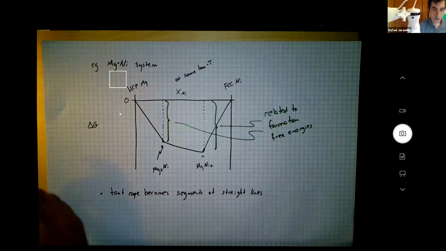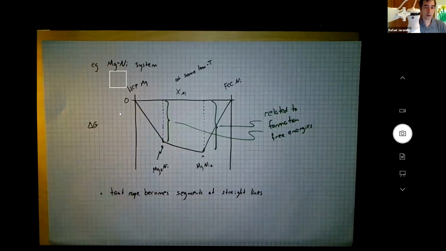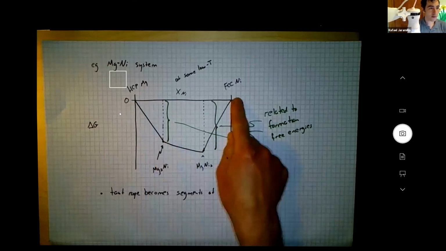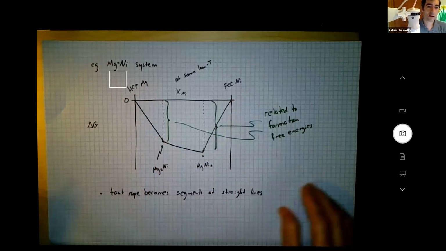So instead of being like a taut rope, this is now like a string held up between needles, needle points. There's no more curvature apparent.